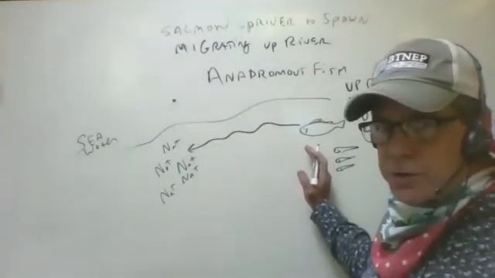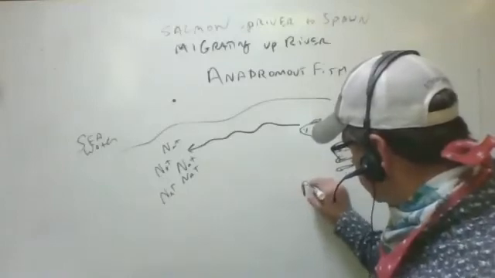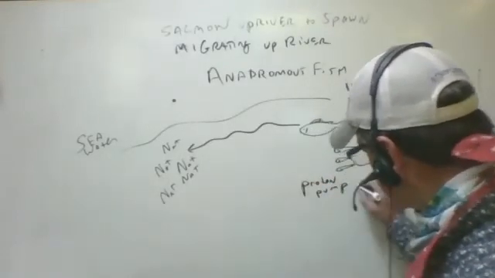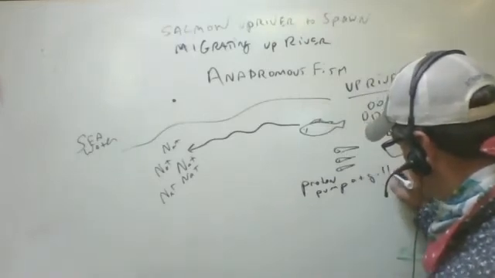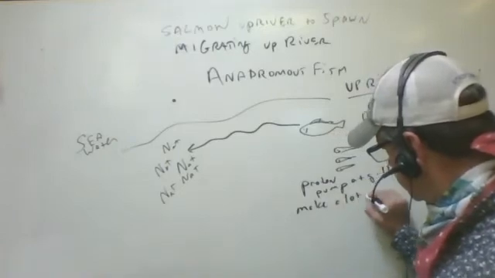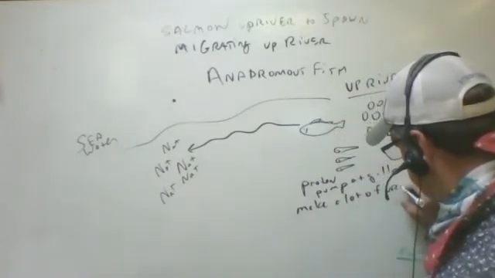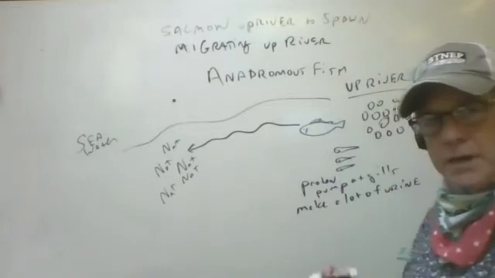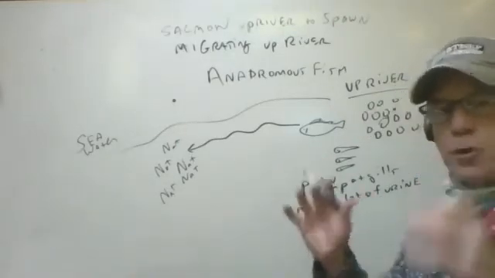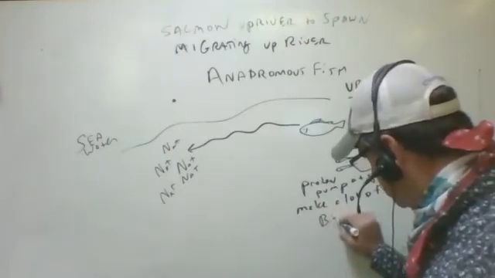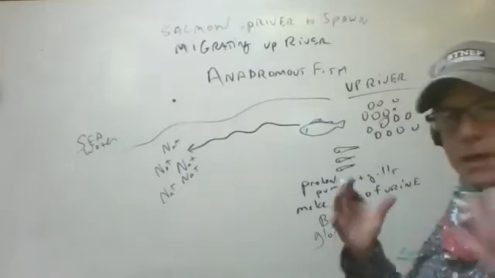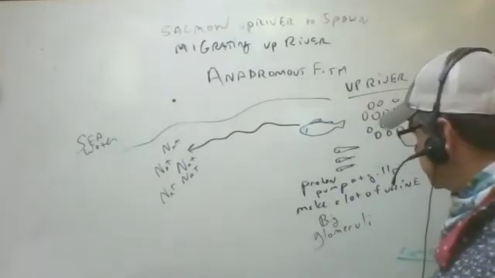What these fish are using when they're up in fresh water is the proton pump at their gills. They're making a lot of urine. When you make a lot of urine, you have glomeruli that are real big. Those big glomeruli allow you to make a lot of urine because you can make a lot of filtrate.